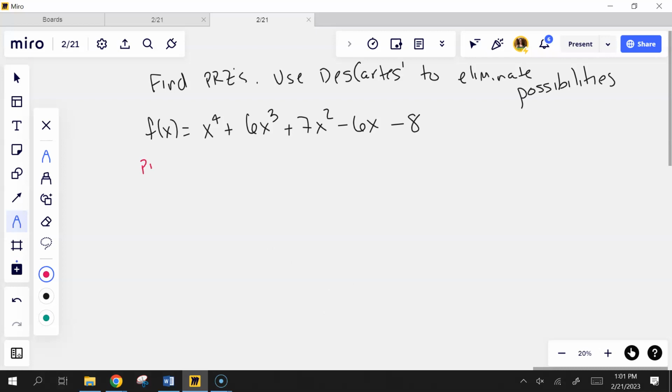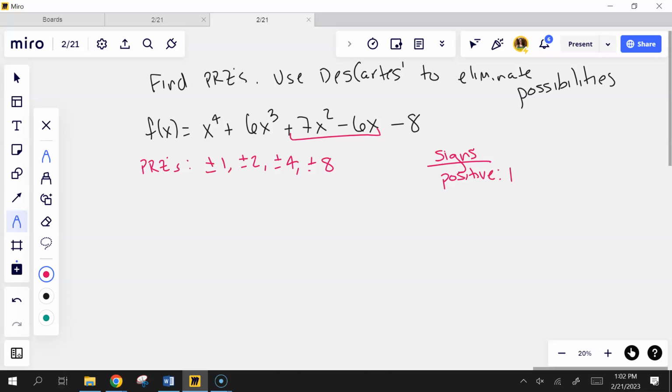Okay. Let's list the PRZs first. Plus or minus 1, 2, 4, and 8. Again, this is an easy one because my leading coefficient is 1. If I use Descartes' rule of signs, then I know I should have one possible positive.